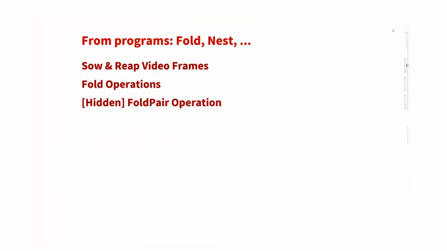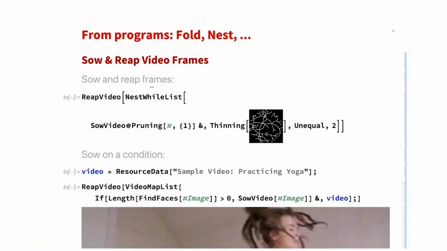SowVideo and ReapVideo are the newest of the video creation families. Just like Sow and Reap, where some expressions can be sown from whatever computation is happening and then reaped into the final computation, we have added these two functions, SowVideo and ReapVideo. SowVideo has an argument that can say, repeat this frame that was sown so many times or for such and such duration.